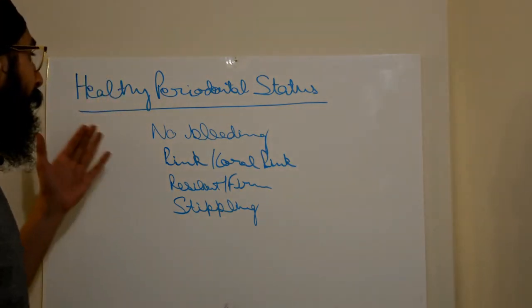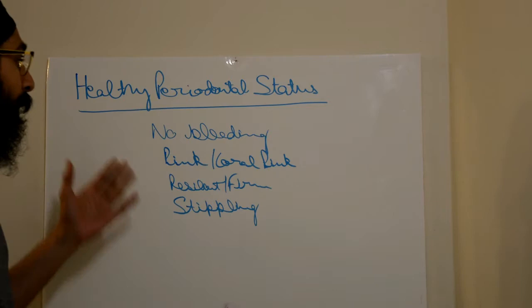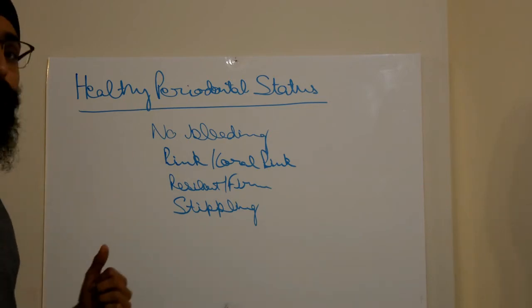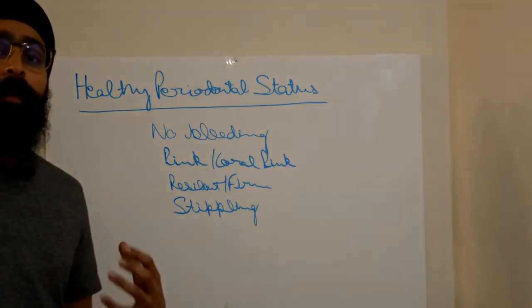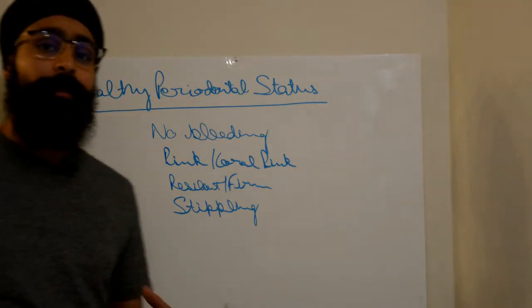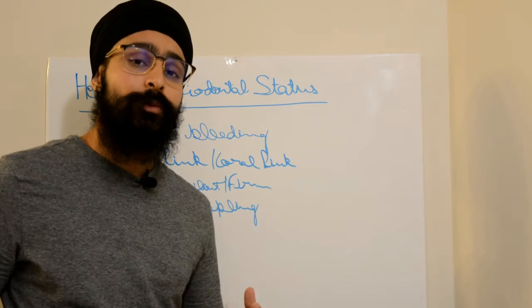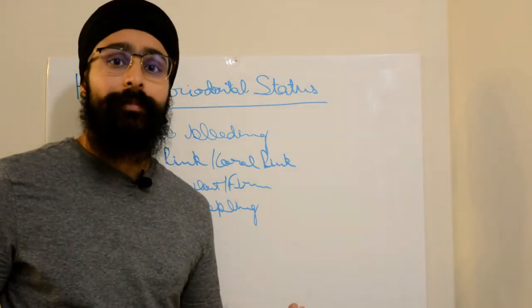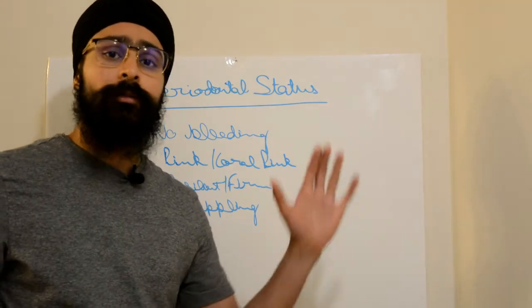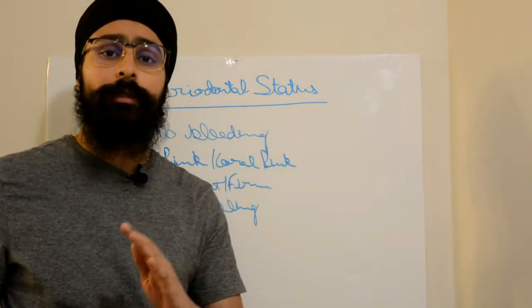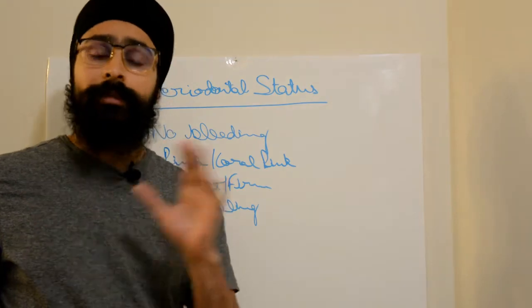Basically, in a healthy periodontal status, we have all these features. But I have seen a lot of students become very choosy when it comes to the perio chart. So sometimes in a perio chart, you are given everything in probing depth 3, 3, 3, 1, 2, 3, 3, 3, 1, something like that.